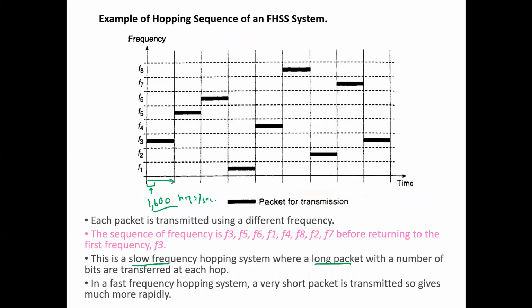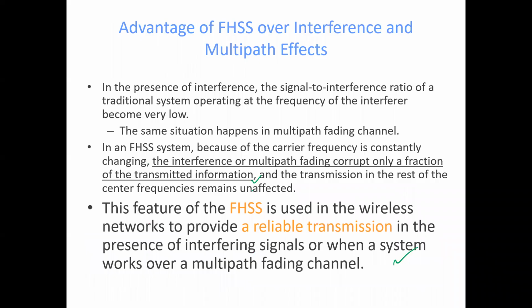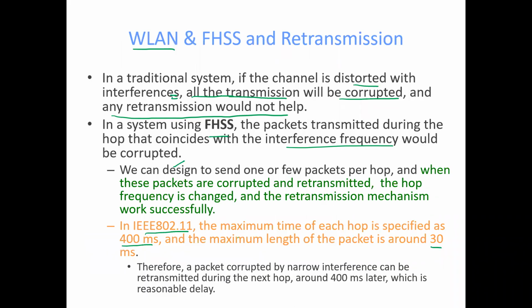But for real transmission, it is usually something like tens of milliseconds, as mentioned here. The maximum time for each hop is 400 milliseconds, but the length of a packet is around 30 milliseconds. Therefore, a packet corrupted by narrowband interference can be retransmitted during the next hop within 400 milliseconds later, which is a reasonable delay.